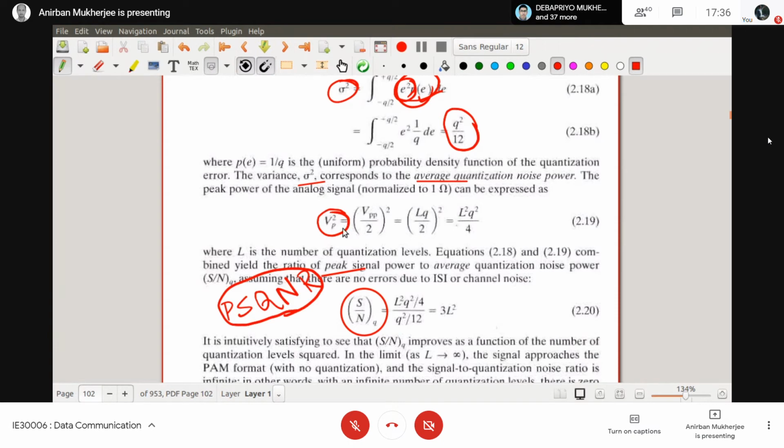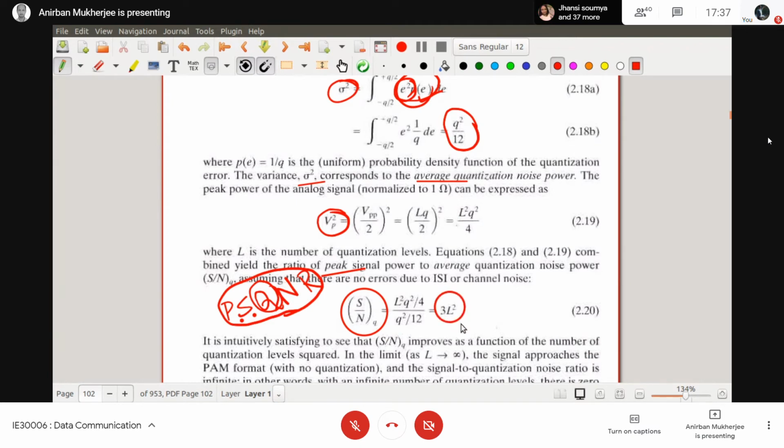It is the signal power at peak signal power, and the noise is the quantization noise power. No other noise am I talking about; I am assuming all other noise is 0, and R is for ratio. So the peak signal to quantization noise ratio, if you do the calculation, is 3L square.